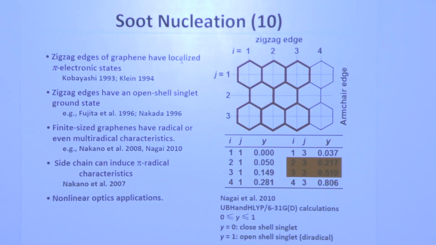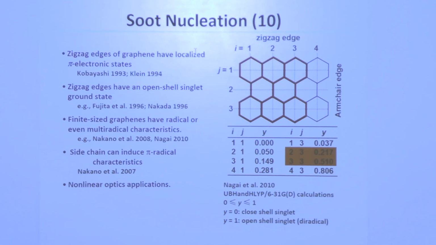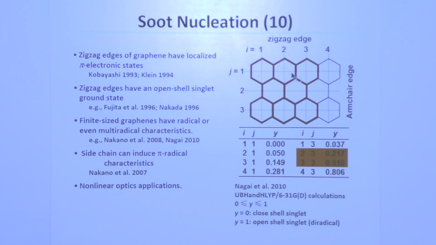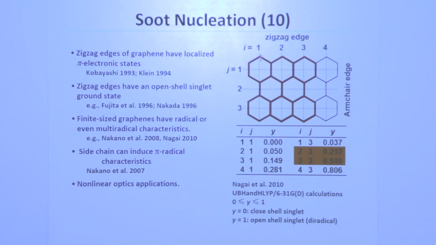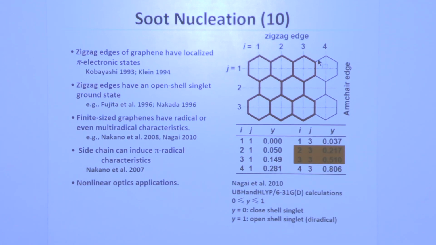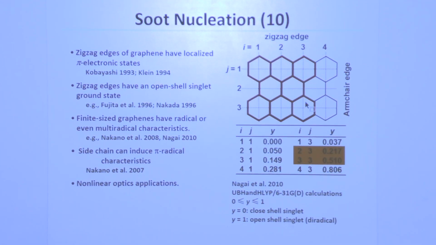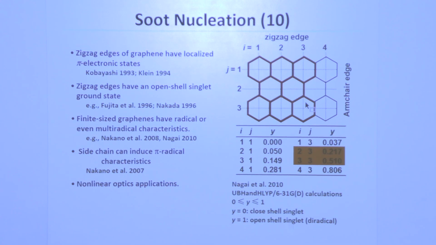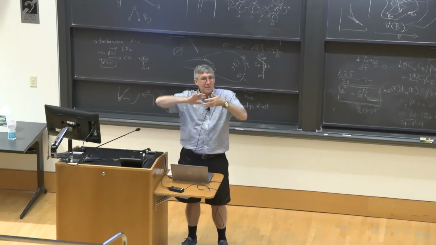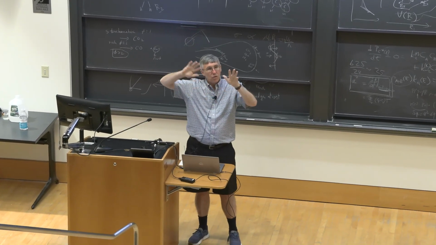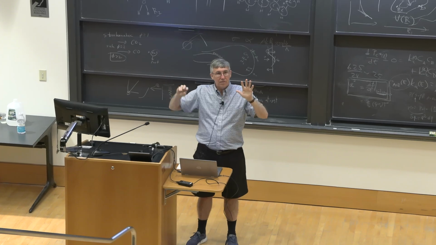A very interesting thing about graphene sheets like this is that the zigzag edges have very unusual electronic structure. And actually, I'd say graphenes in general have very unusual electronic structure. There's a whole ton of papers about if the graphene twists a certain way or has a certain defect, all these different things cause really different, weird electronic structure stuff.